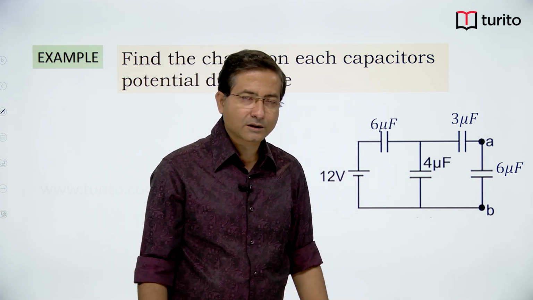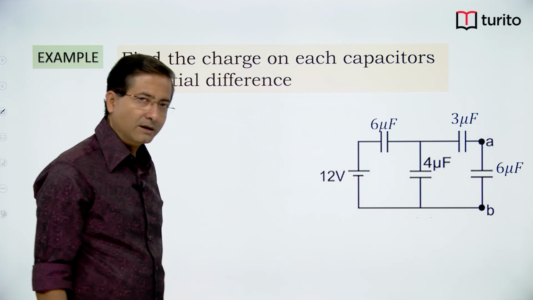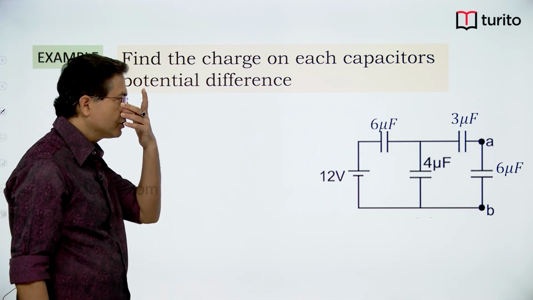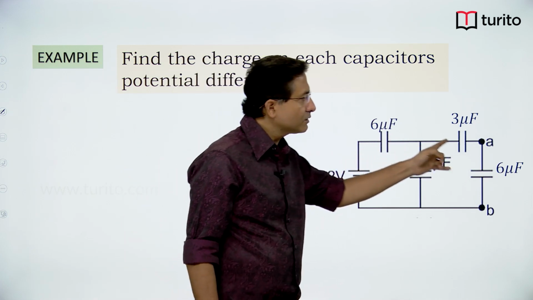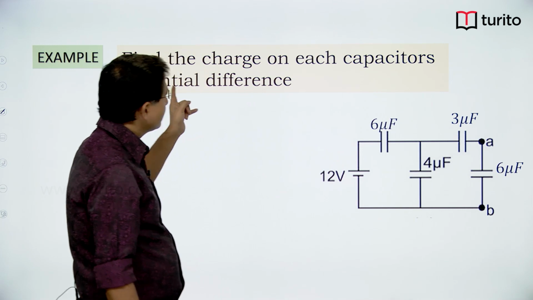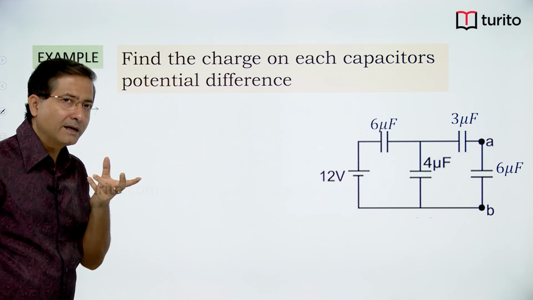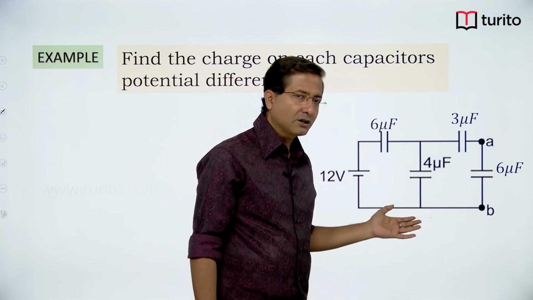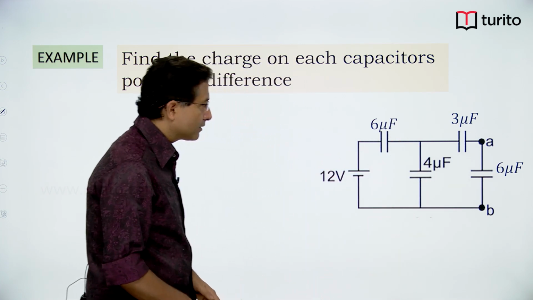Any of these questions can be asked related to the circuit. So to solve the circuit, the first requirement is charge. If I know the charge on each and every capacitor, then I can answer the potential difference across any two terminals in the circuit. So our requirement is getting the charge on every capacitor, right.